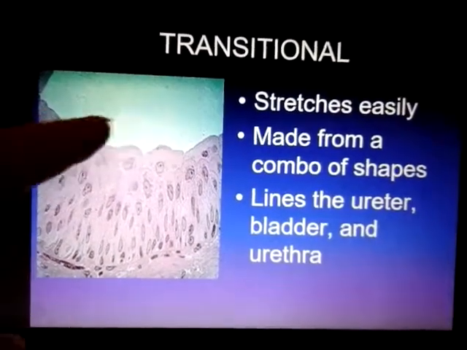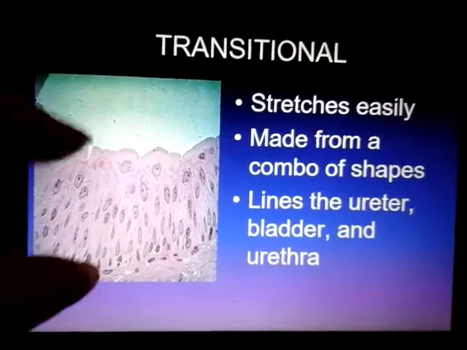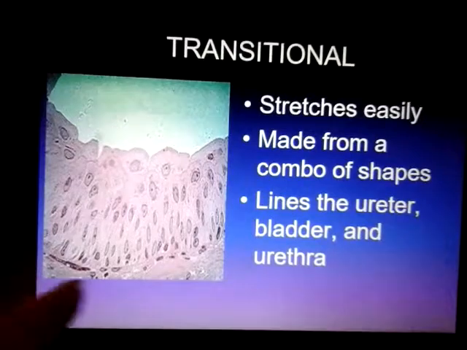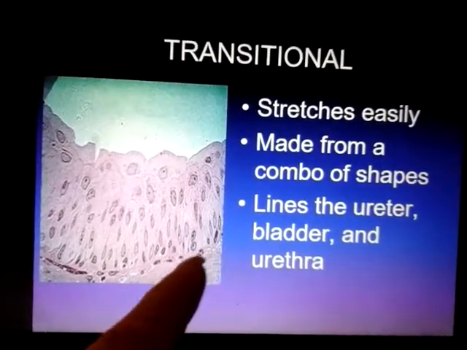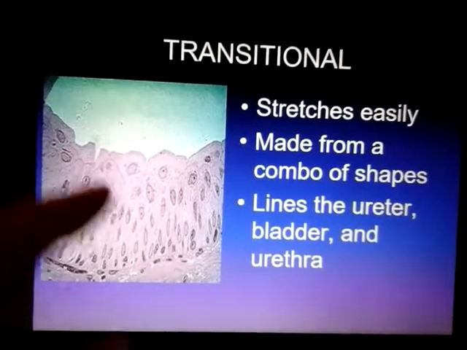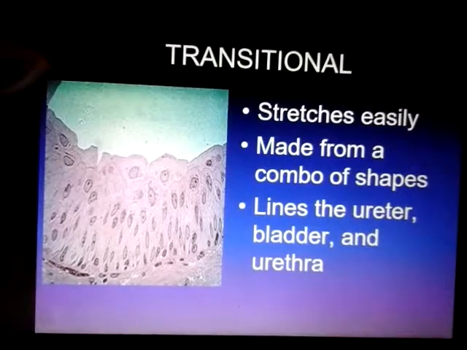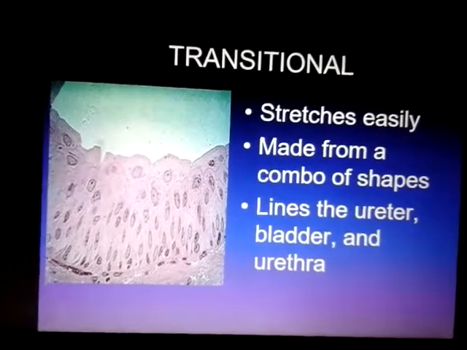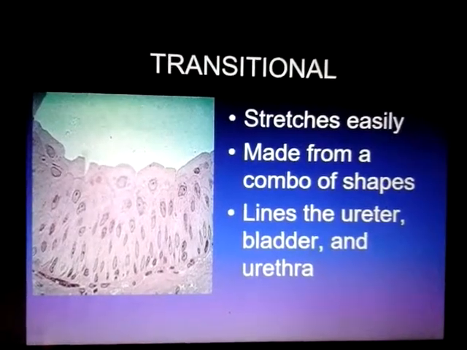Because if this were your bladder, you'd have urine up here, and urine's an acid. So you need a lining that's thick to protect the organ itself, which is smooth muscle, the bladder. That's your basement membrane right there. Okay. Well, also you guys know your bladder shrinks and it expands, depending on how much urine you have in it. So that tissue needs to be able to do that.